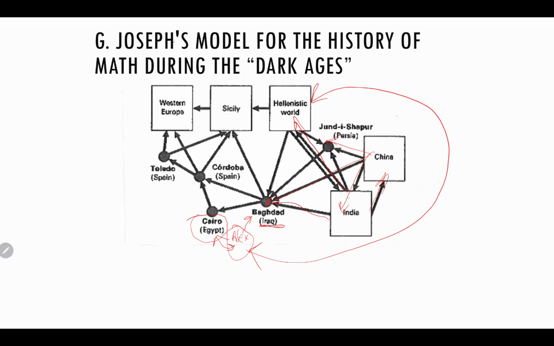And Indian mathematics did go to Greece, but it also went to Persia. And then the Persian mathematics also went to Baghdad. So we have Baghdad getting stuff from India, from China, from Persia, from Greece. We also have stuff from Greece going to India and to Persia. And then we have stuff from Greece going to Sicily. But from Baghdad, that's where it's all coming in, right?